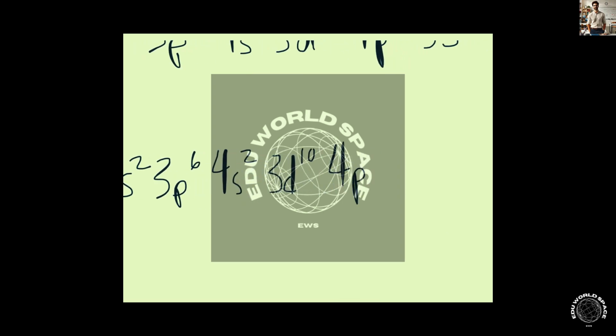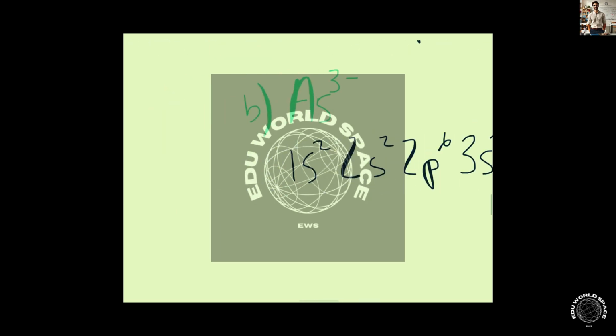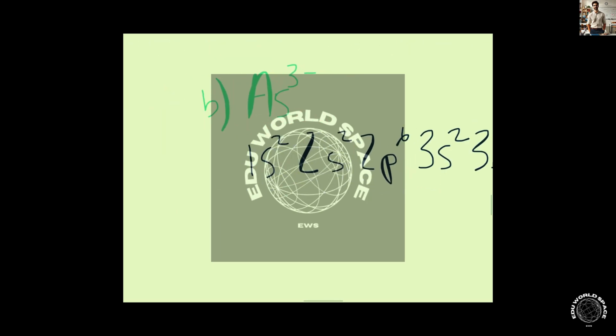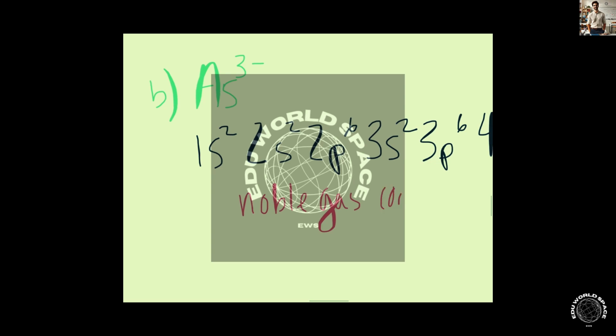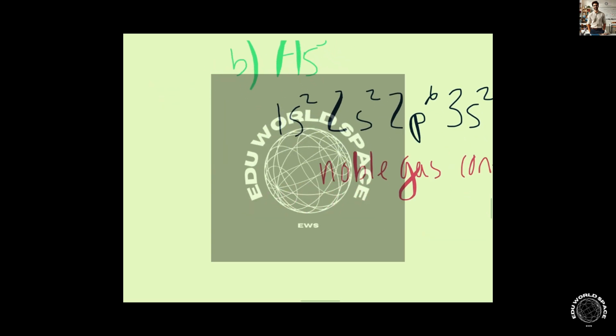And then if we were at arsenic and we stayed there, we would do 4p3, but we have to add 3 electrons, so it's actually going to be 4p6. And because we did this, this has a noble gas configuration. It has the noble gas configuration of krypton. Okay. We will move on to C.